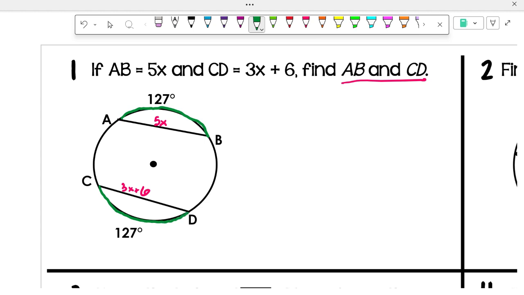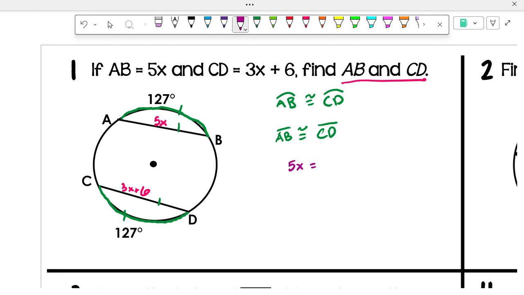And what's true about those two arcs? They're congruent. So we can say that arc AB is congruent to arc CD. So since the two arcs are congruent, what does that say about the segments AB and CD? They're also congruent. So if these two segments are congruent, how do you think I'm going to solve for x first? Set them equal to each other.